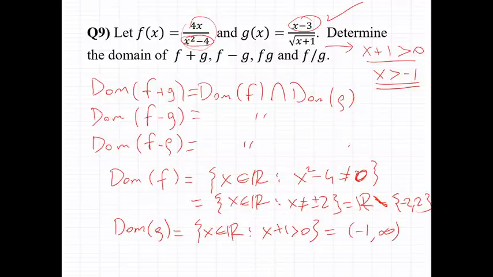Now, when it comes to taking the intersection, I would suggest making the real line, with minus 2 and 2 not included.